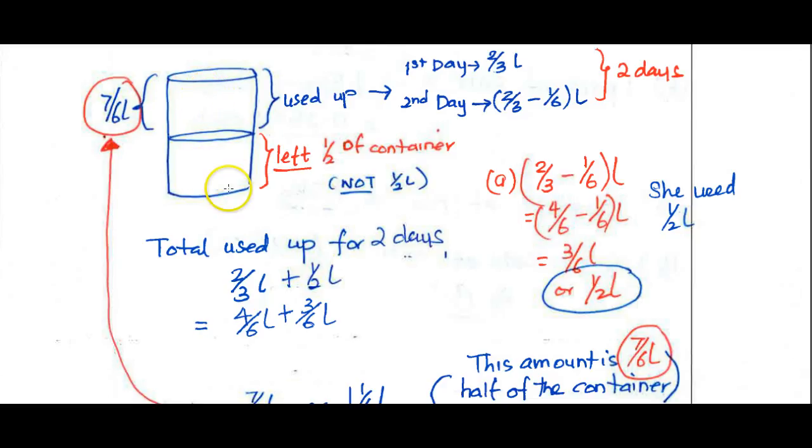Now 7/6 is actually half of a container used, because half of a container is left. It means this part is also 7/6 of a liter. They are the same. If this is half, they are equal amounts. I've added up first day and second day, which gives me 7/6.